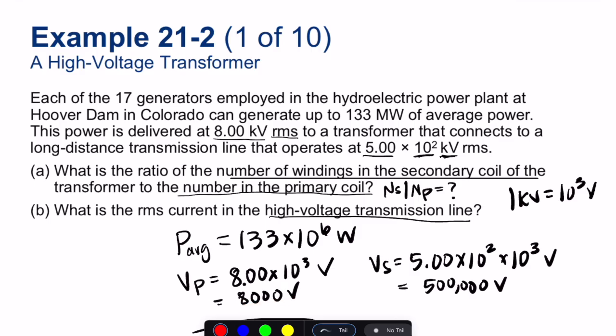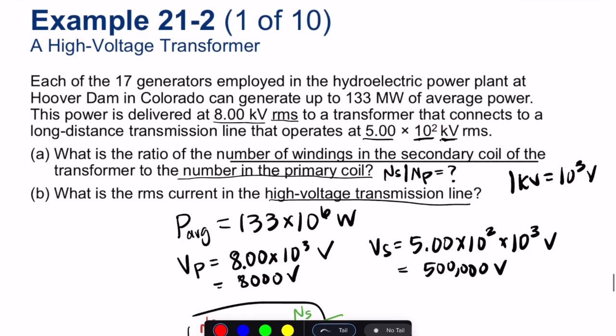And what we need is for it to go up to a really high voltage for the power lines, because we already saw that we need really high voltage in power lines. So we need to step it up to 500,000 volts, which is 5 times 10 to the 2 kilovolts. So just be wary of that. It's a very strange way to write that. They should just write 500 kilovolts, but whatever.